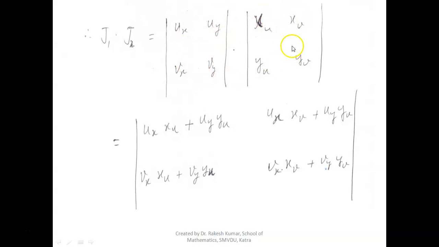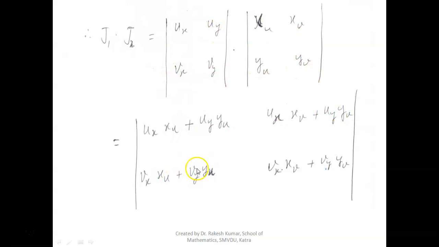All these are partial derivatives. If we multiply them, we get the elements ux xu plus uy yu, then the second element ux xv plus uy yv.